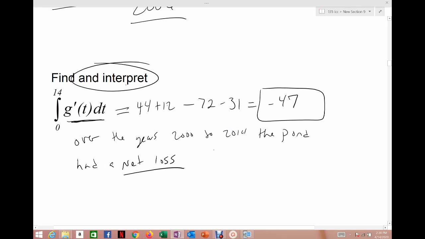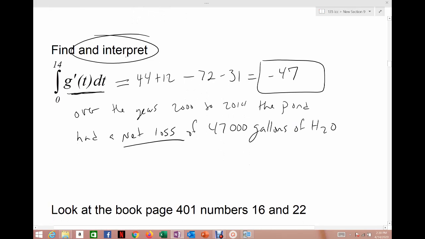That's what the negative means, of 47,000 gallons of water. Right, which means at the end of the 14 years, so from 2000 they measure the pond level, and by the year 2014 there was 47,000 gallons less in that year.